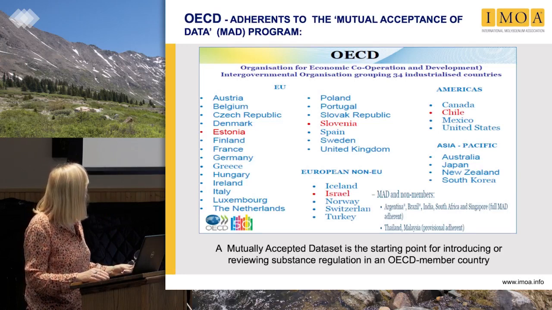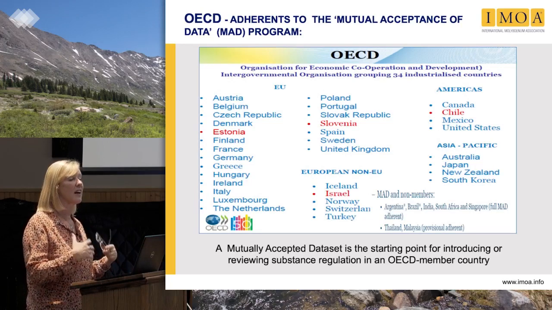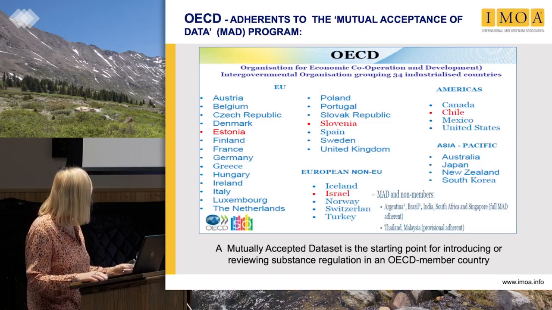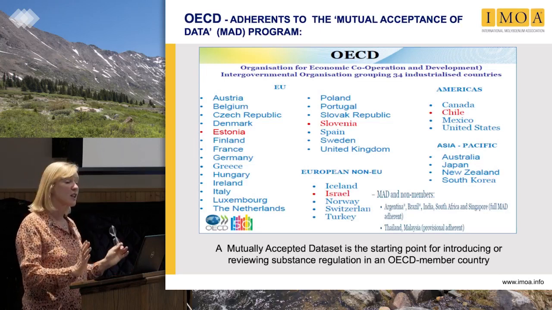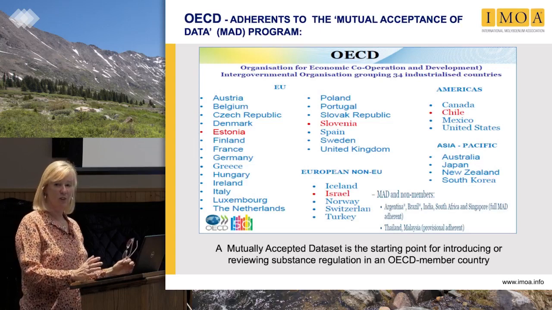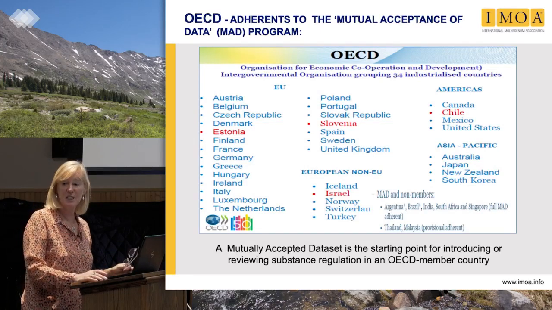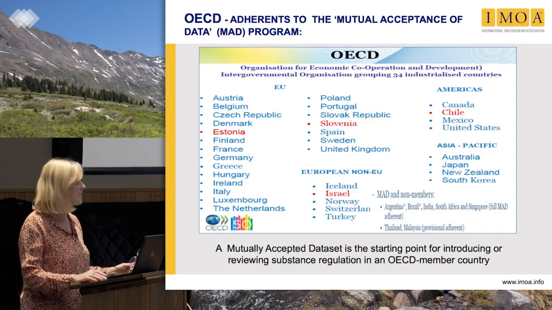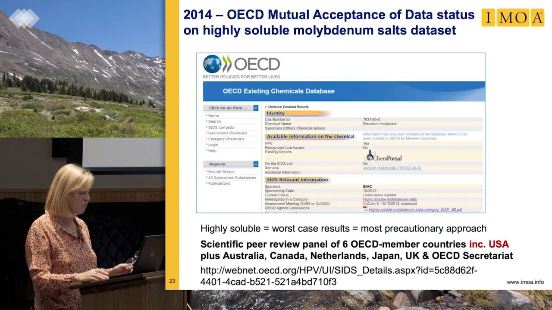And they are the body that put together the protocols and the guidelines against which these technical studies have to be done. And a mutually accepted data set is really the starting point for introducing or reviewing legislation about substances in an OECD member country. So that's all those in Europe, yourselves in the United States, in Canada, this is the starting point.